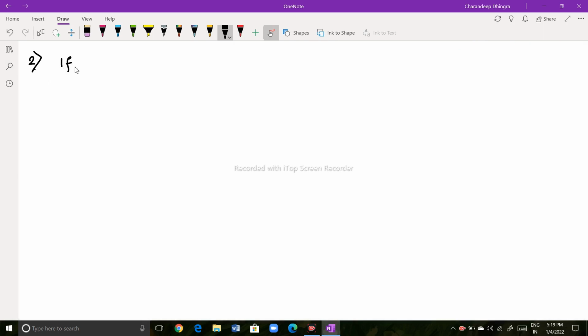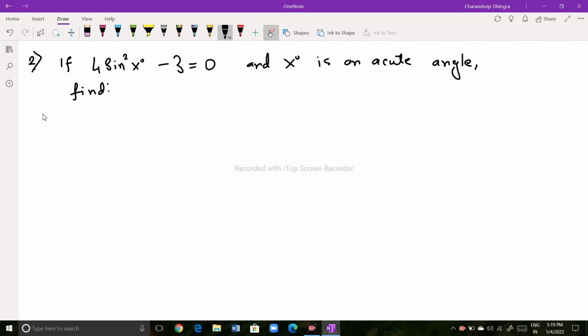If 4 sine square x degrees minus 3 is equal to 0, and x degrees is an acute angle, find sine of x degrees and find x degrees.